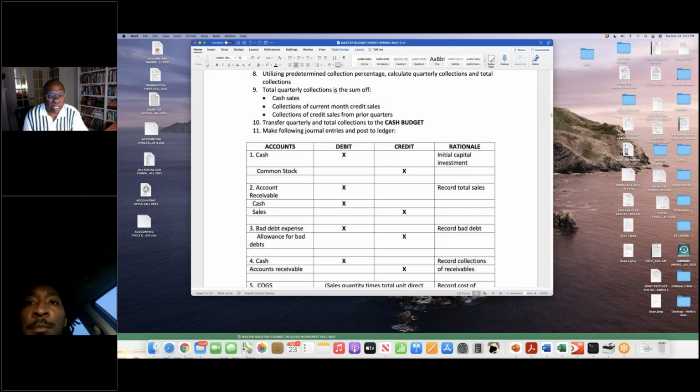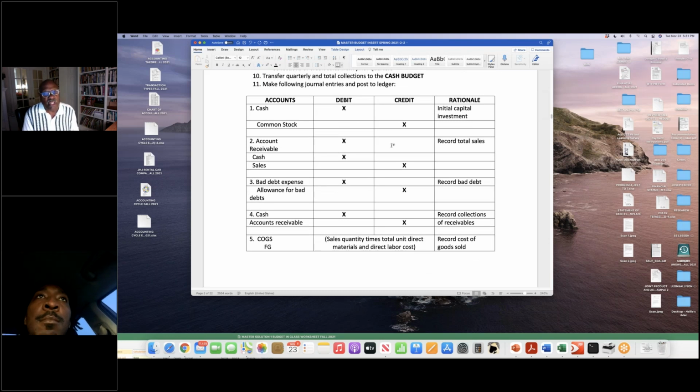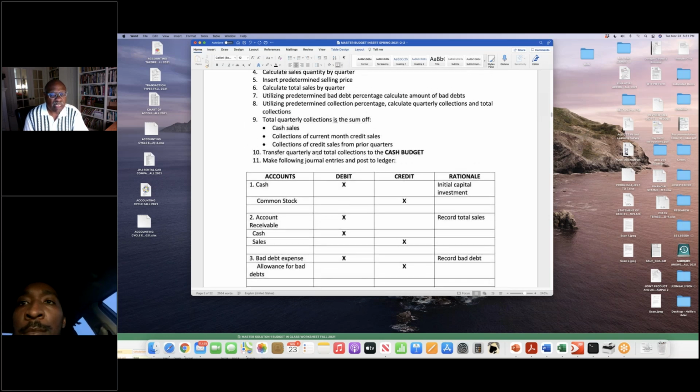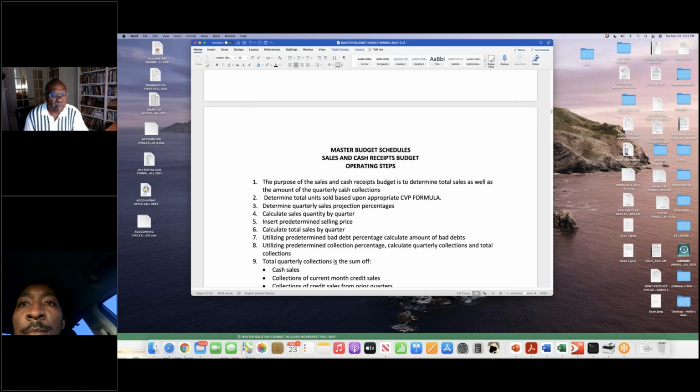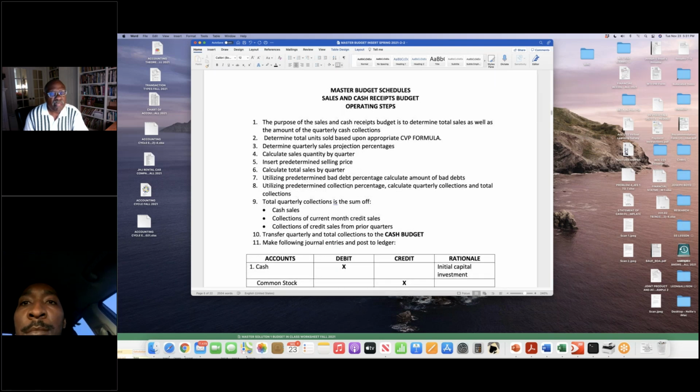And as part of what we're doing, we make these journal entries. We first invest in a company, and these journal entries are going to help us to prepare financial statements eventually. So we'll get to the financial statements eventually. But every time we have a schedule, it's got this information. What are we doing with that schedule?